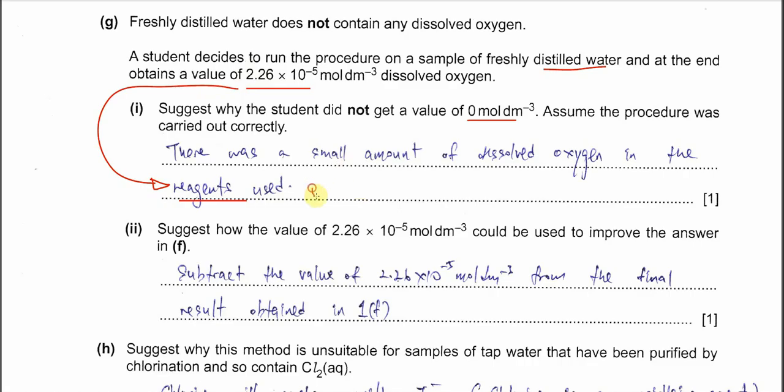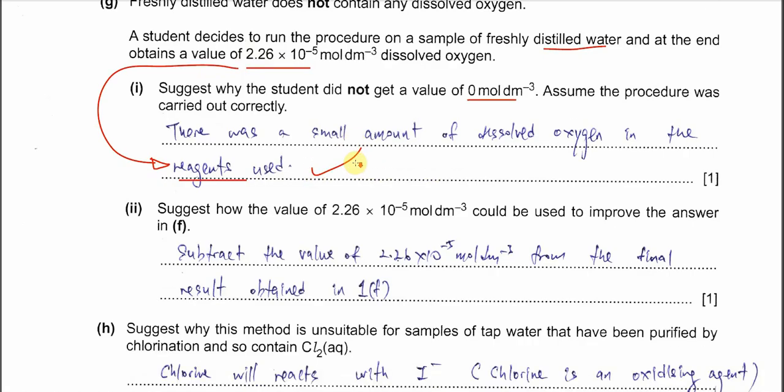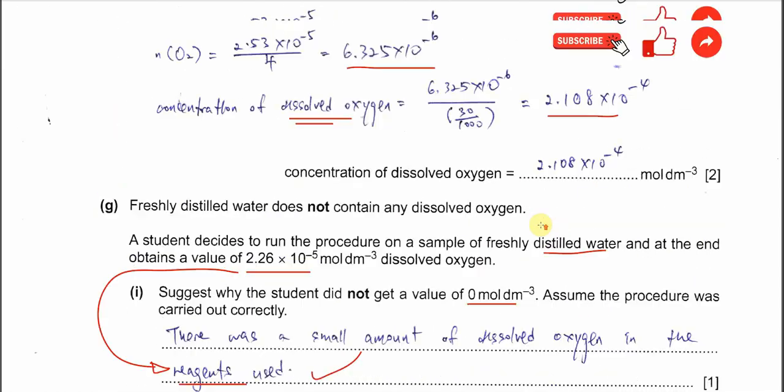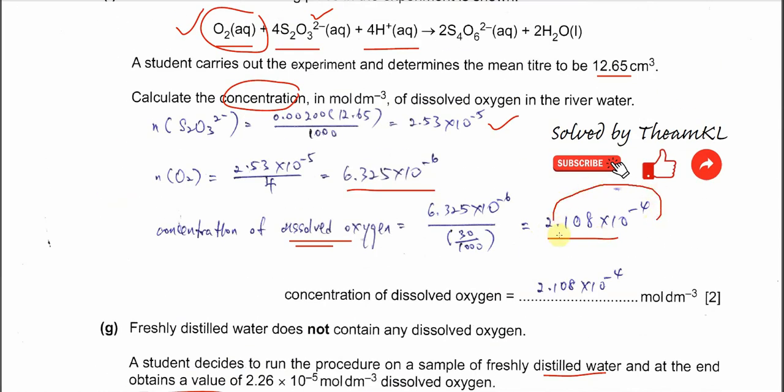So that's the explanation. And part 2, suggest how the value of this 2.26 times 10 power negative 5 mole per dm cube could be used to improve the answer in part F. In part F, we get this concentration. So this concentration is actually the DO in the river water and the DO from the reagent.